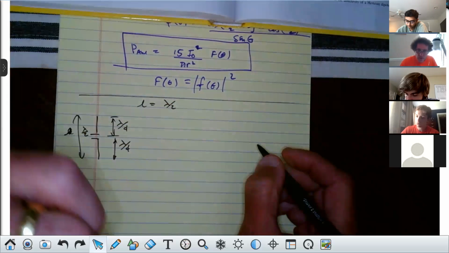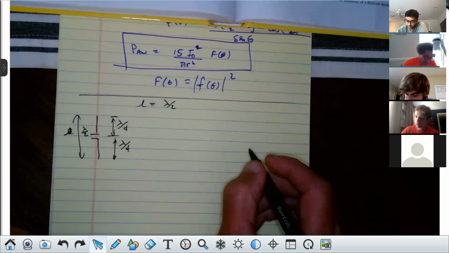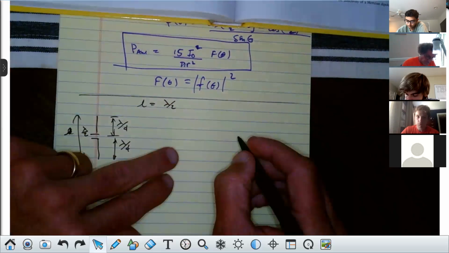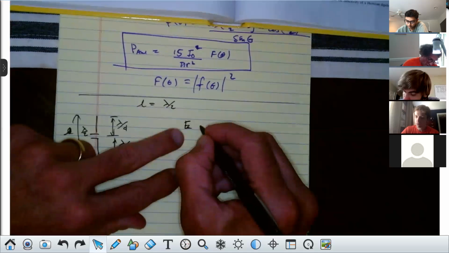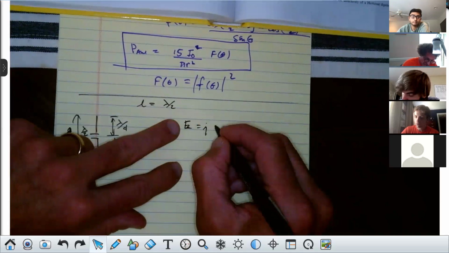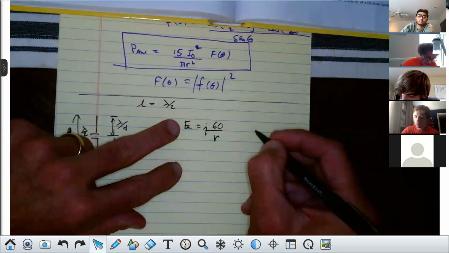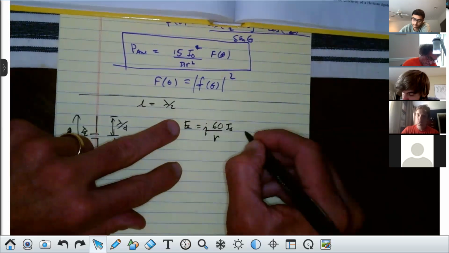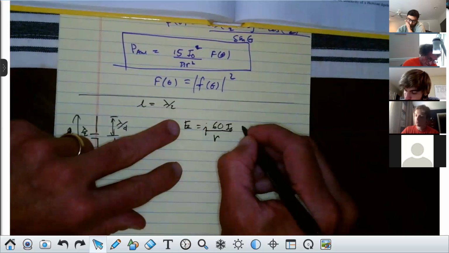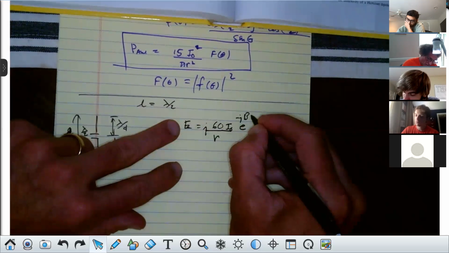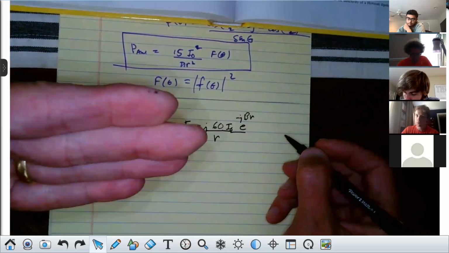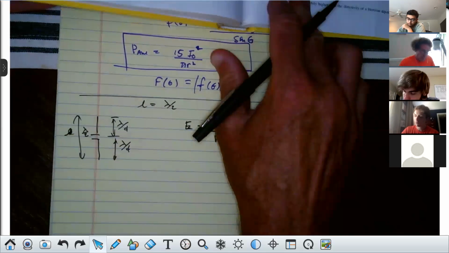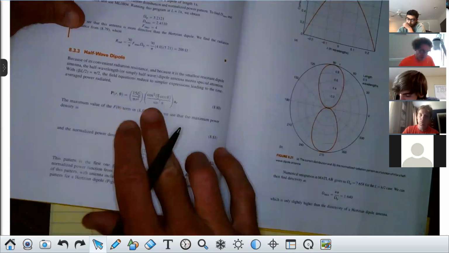All right, now with that one, what happens is this. Your E field will become j times 60 over R times I naught times e to the minus j beta R. That's as with the arbitrarily long one, all right? But look here. I'm going to use this book as my reference.